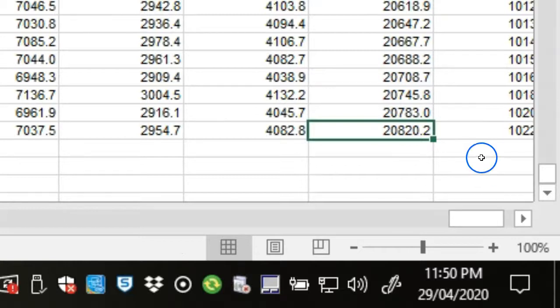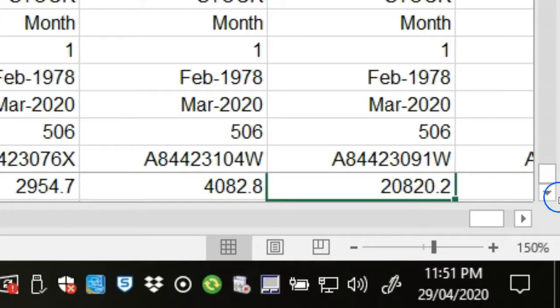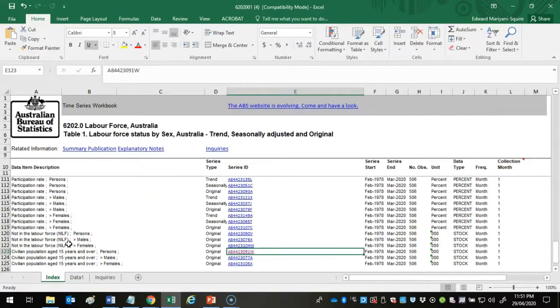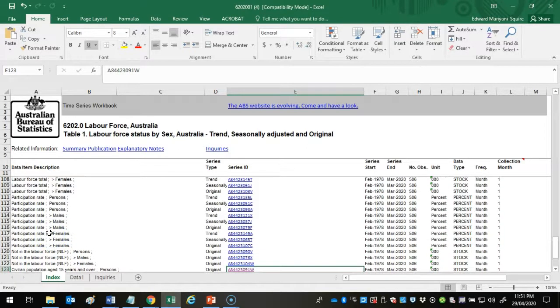Ta-da! The working age population is 20,820,200 people. Anyway, you don't have to go and look at the raw data itself. You don't need to do that because they calculate the participation rate for you. So it was at 66% of the working age population is participating in the labour force.